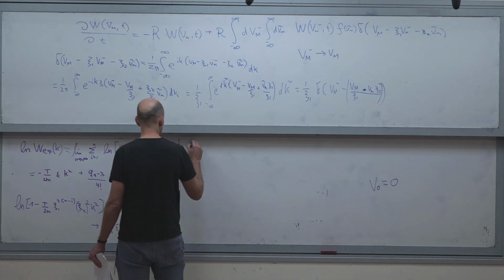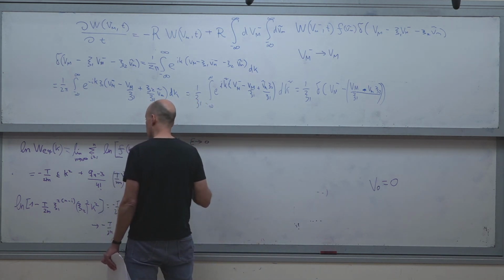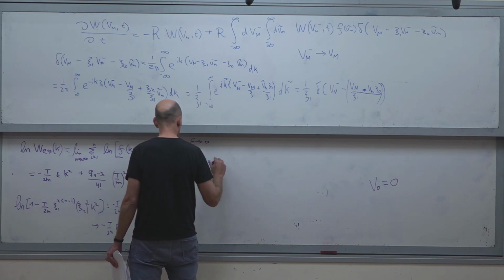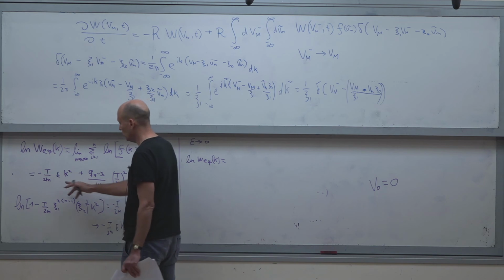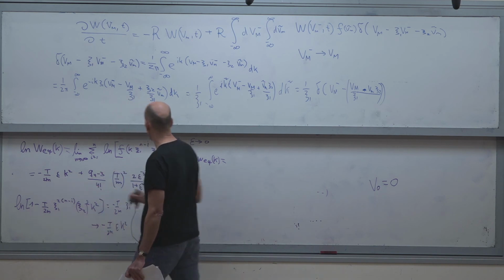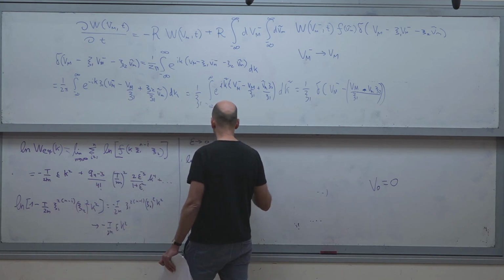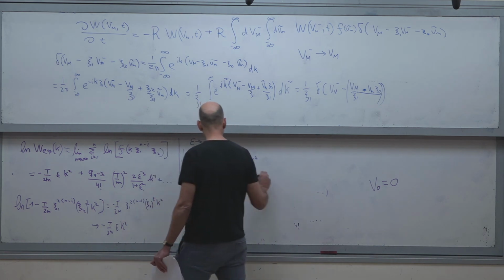But if epsilon goes to 0, then I get log of psi equilibrium of k is simply equal, see here I have mass over m, minus 2 over m k squared, and that's it.